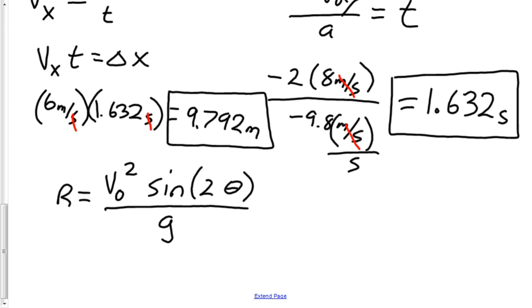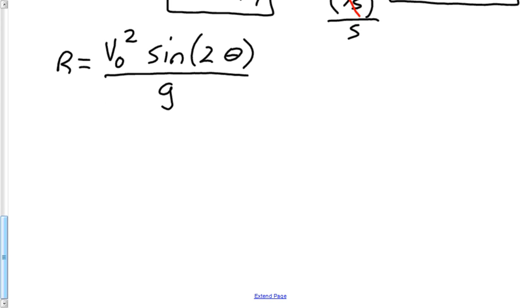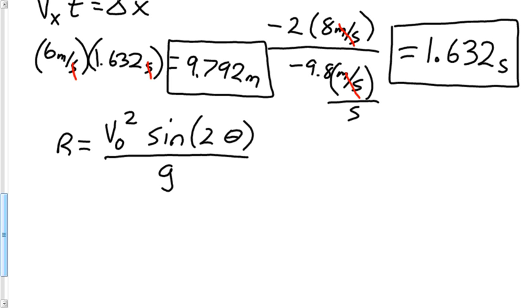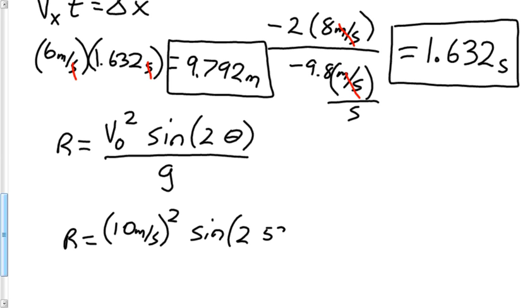And really all I have to do is plug in my values and solve for r. That's all I really need to do in this equation. So doing that, I have r equals, v naught is my 10 meters per second, and that's squared, times the sine of 2 times theta, which is 53.13 degrees, and that's all over 9.8 meters per second squared.